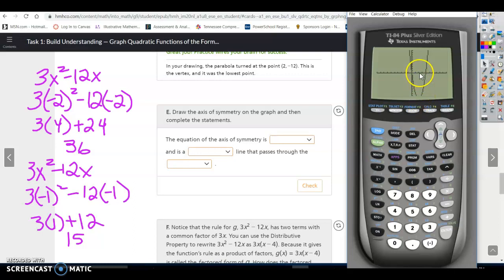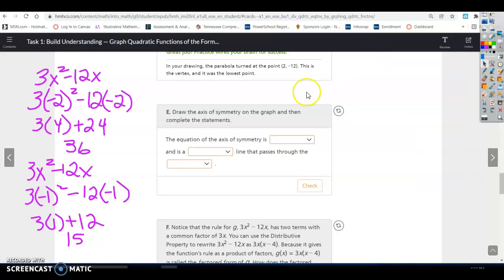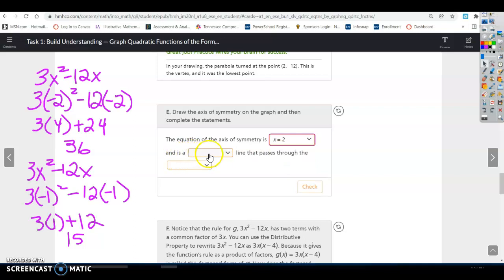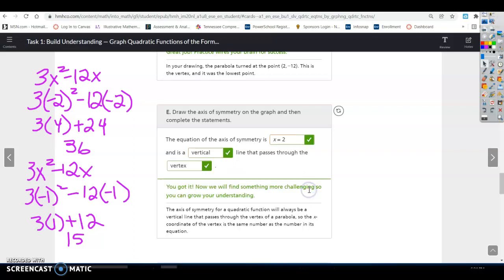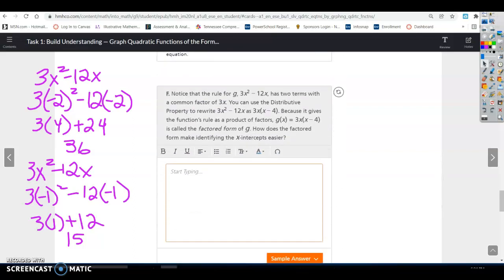So if it goes through the vertex, it's going to go through x equals 2. So it says the equation of the axis of symmetry is x equals 2 and is a blank. It's a vertical line that passes through the vertex. Remember, it passes through the x of the vertex every time.